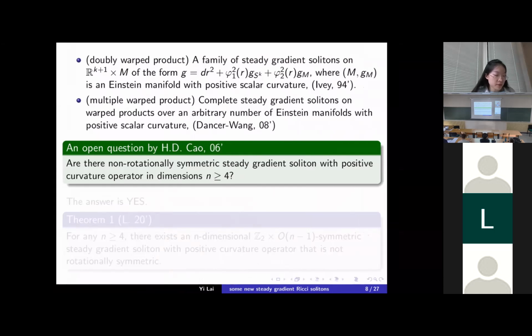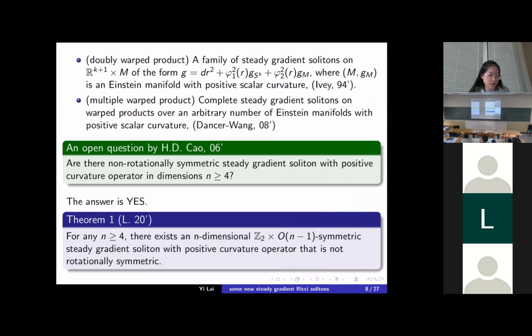And in a survey paper, he asked if there are any non-rotationally symmetric static gradient solitons which have positive curvature operator in dimension n greater than or equal to 4. Okay, so now we are able to give a positive answer to this question, and this is stated in our first theorem.